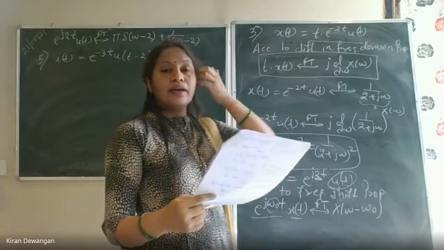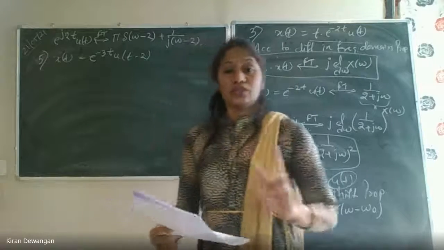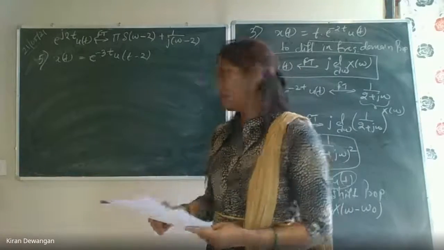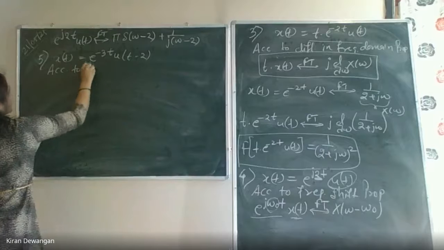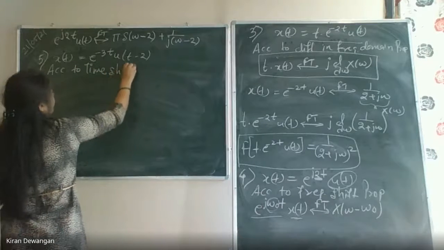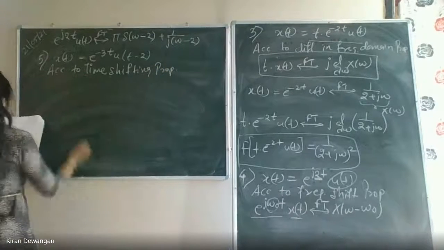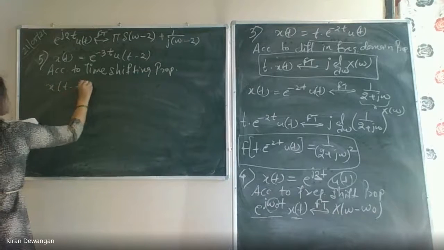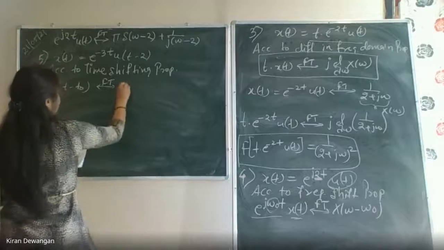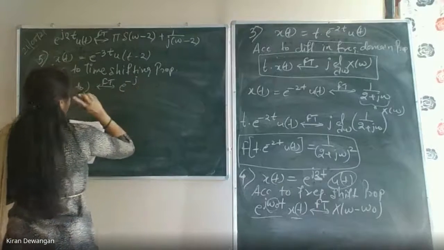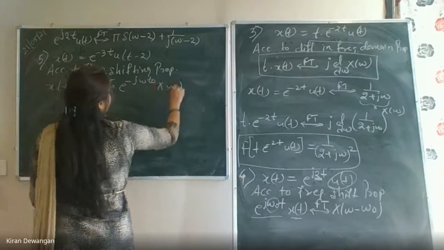Now what is happening here? The time shifting property is being used. Actually two properties are used here, we will see which ones. First one, according to the time shifting property, x of t minus t naught will have Fourier transform e to the power minus j omega t naught into X omega.